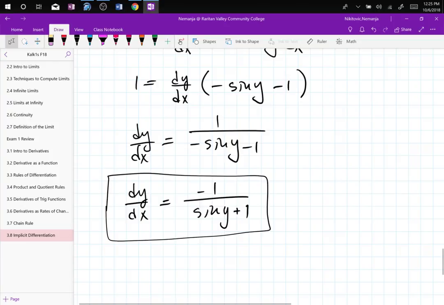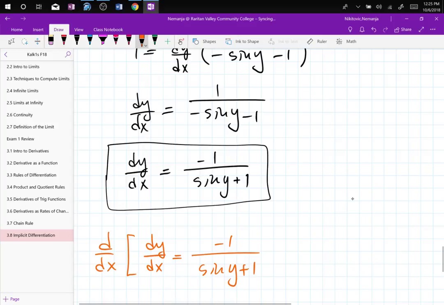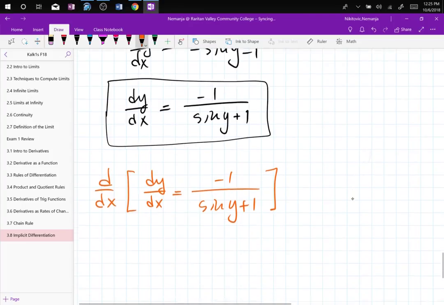Now, to find the second derivative, this is where we start, you have to take another derivative of what you have. And you can immediately see how quickly this can spiral into an absolute nightmare to calculate.